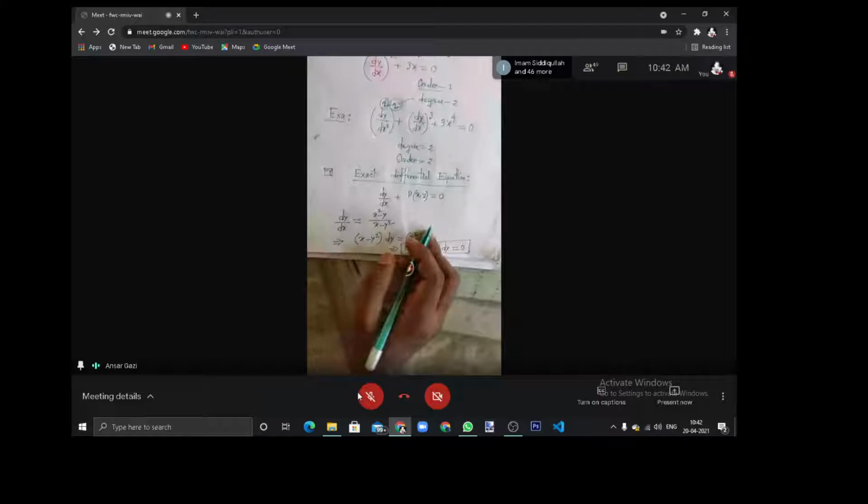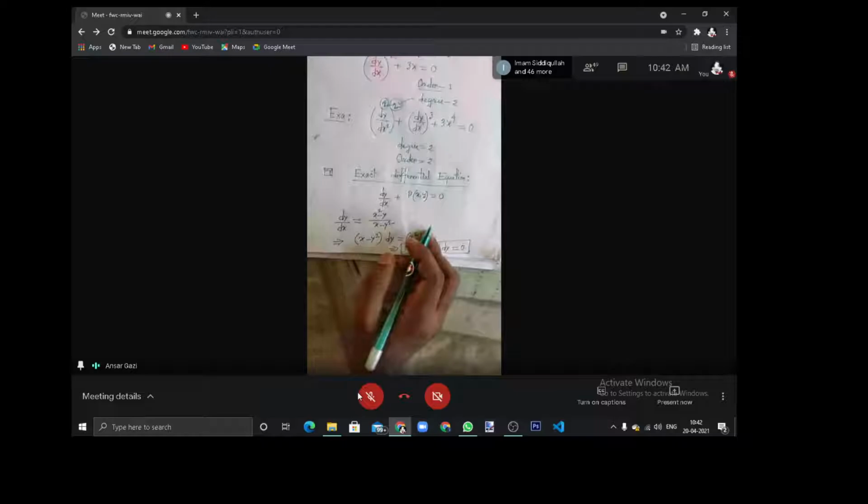Okay. So when is a differential equation said to be exact? Any first order first degree differential equation can be written in this form: M dx plus N dy equal to 0, where M is a function of x comma y. Clear?